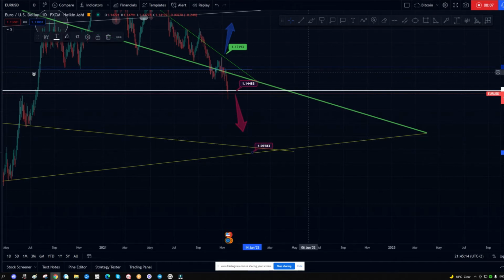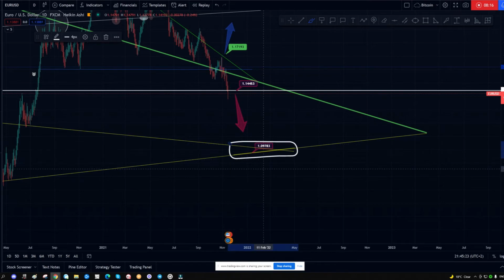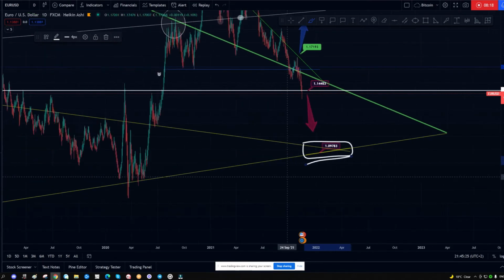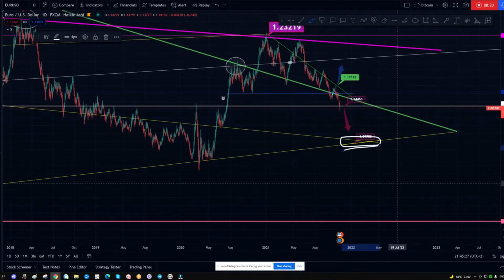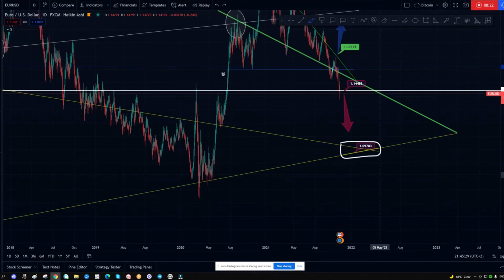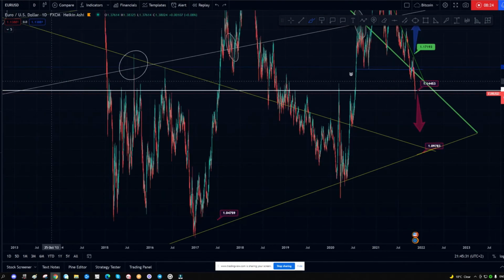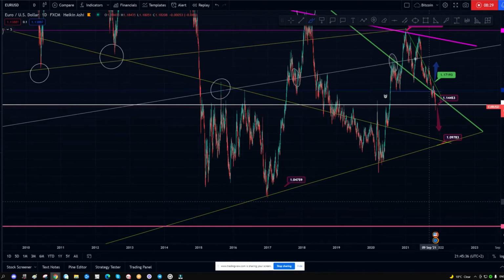It will come down here, and we'll see if these levels manage to hold. Then very good. If it dips under that, then yes, we could even go to parity, as crazy as it sounds, since the last time we actually did have parity.